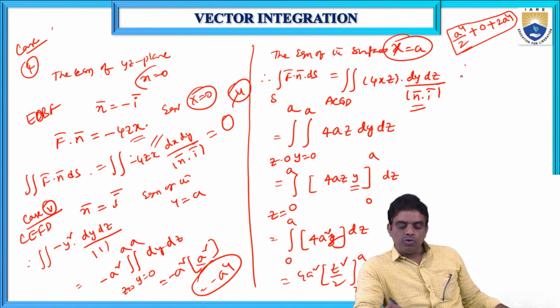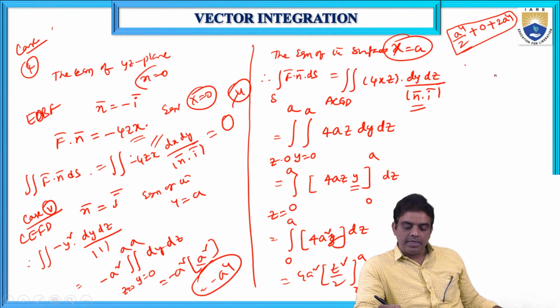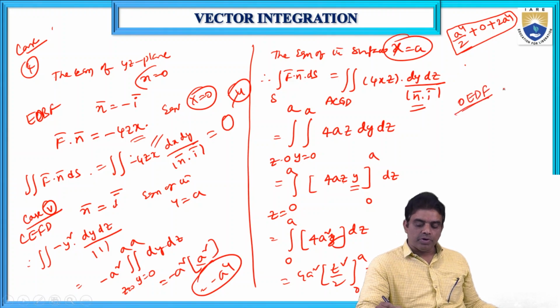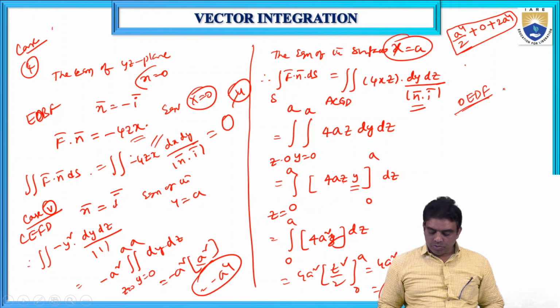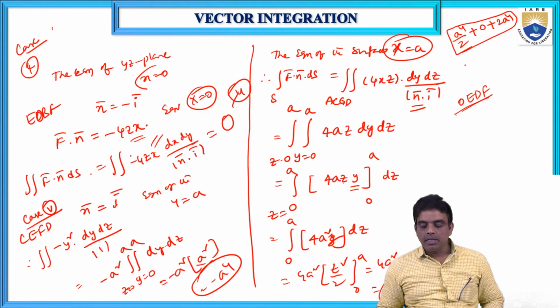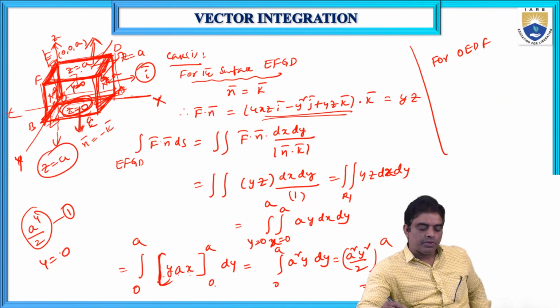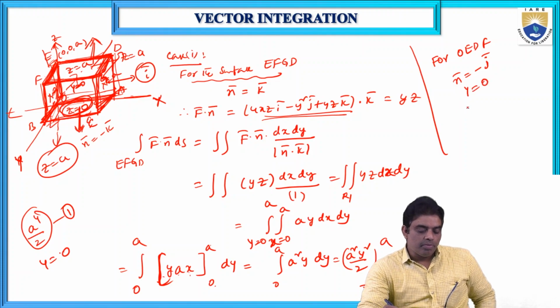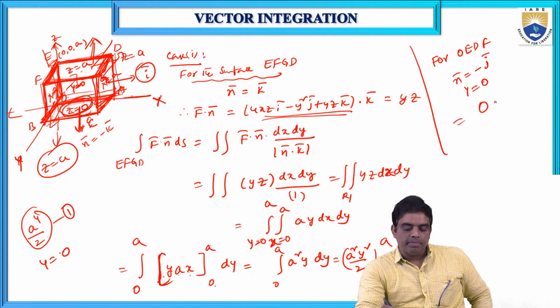So the outward normal vector for the surface OEDF is n bar equal to minus j bar. But the equation of the plane is the xz plane, meaning y equals 0. Y equal to 0 means the entire term is 0. That is case number 6.